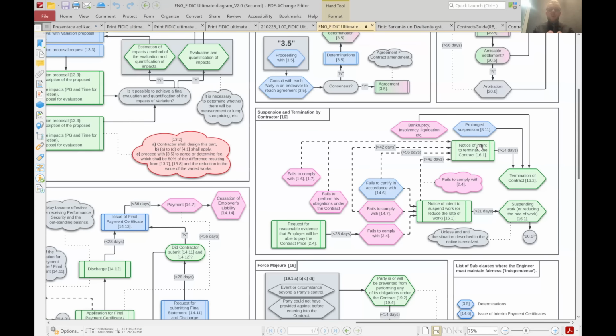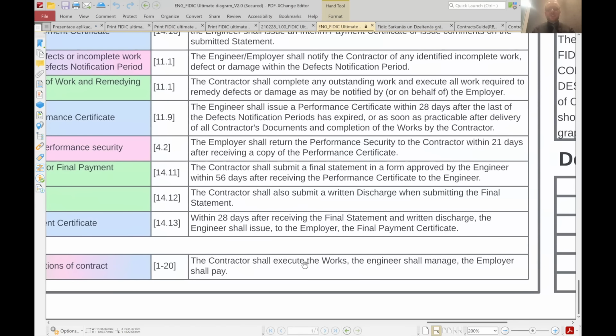I have to repair that, but it's the finishing part of the checklist. The contractor shall execute the works, the engineer shall manage, and the employer shall pay. This is the biggest summary of the main points of what each party should do: execute the works, manage, and pay.